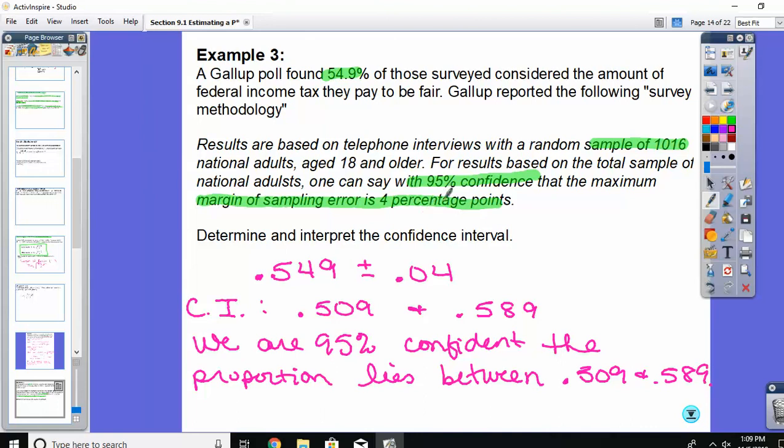Okay, and the 95 is because it told us in the problem this was a 95% confidence. I want to do one more, creating the full confidence interval. And that may be as far as we get today. We'll see how much time we have left after that.